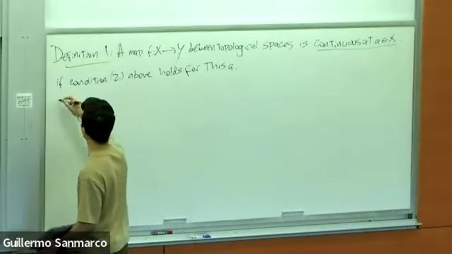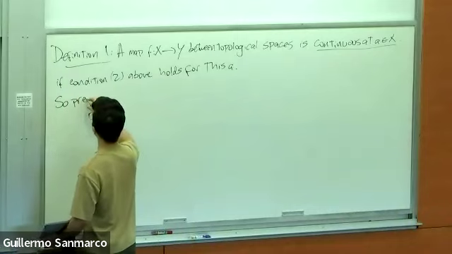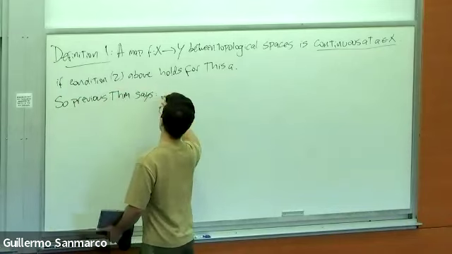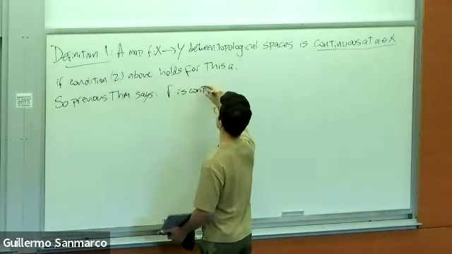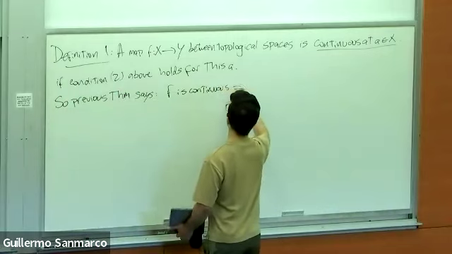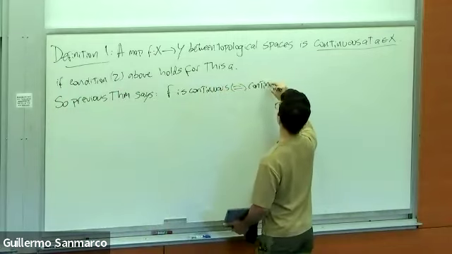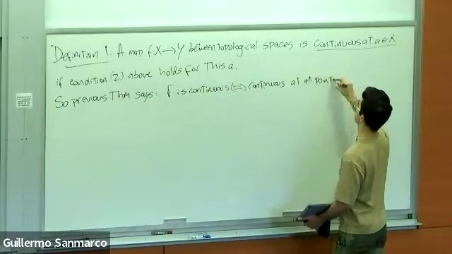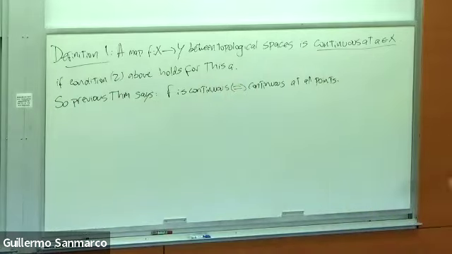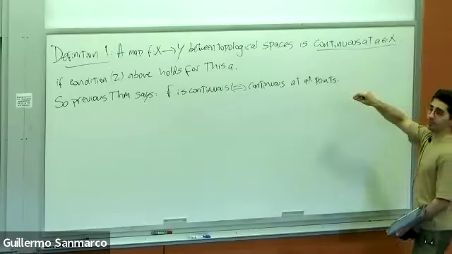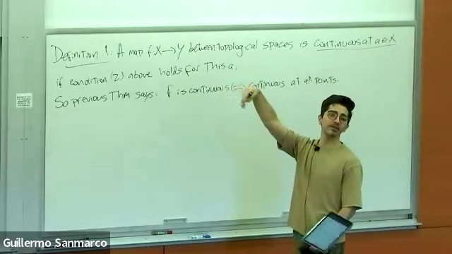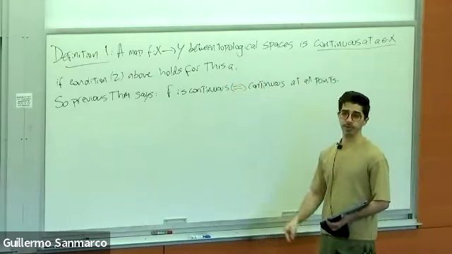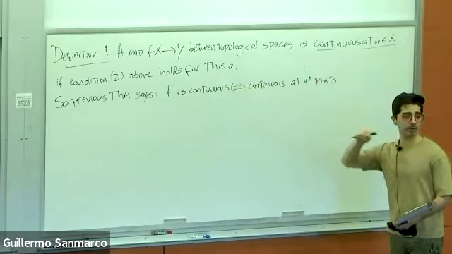So the previous theorem says f is continuous if and only if continuous at all points of the domain. And usually this is kind of a definition for you in analysis. You define continuity at a point, and then you say a function is continuous if it's continuous everywhere. But for us, it's now a theorem because we're defining continuity globally.